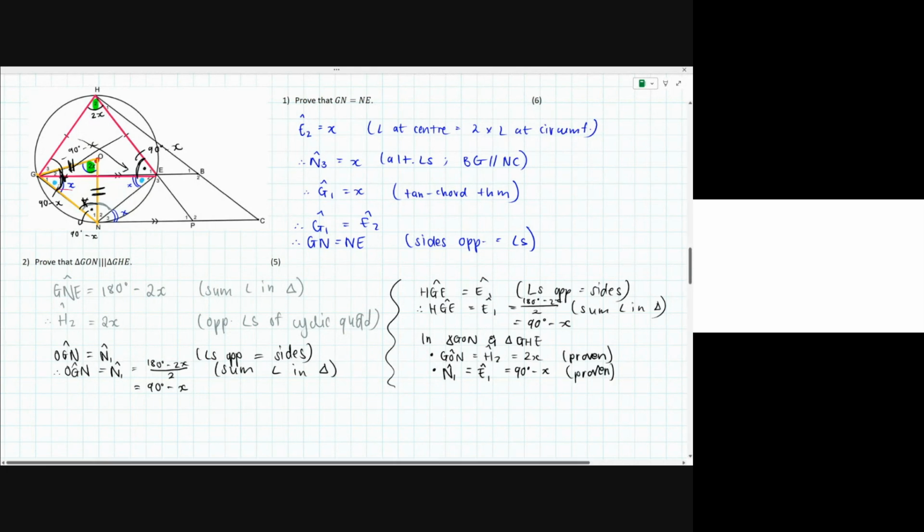And then we have our third angle, which you could get using the sum of angles in a triangle, or you could say that angle OGN is equal to angle HGE, because, again, we've proven that it's equal to 90 minus x. And so we have all three corresponding angles the same, and therefore these triangles have to be similar to each other.